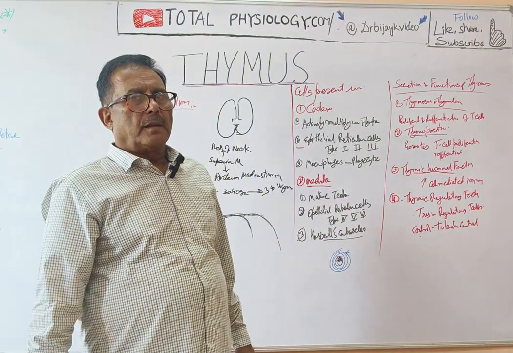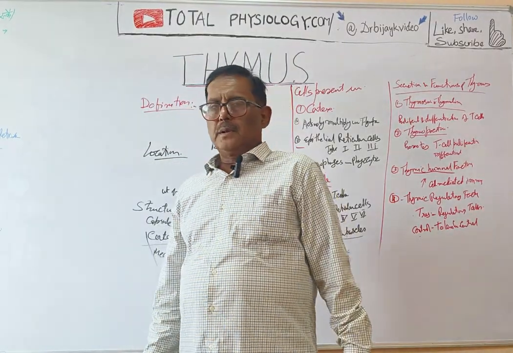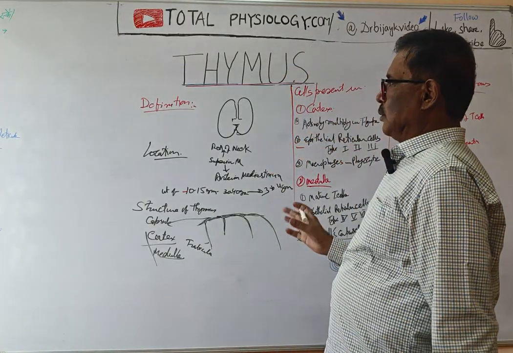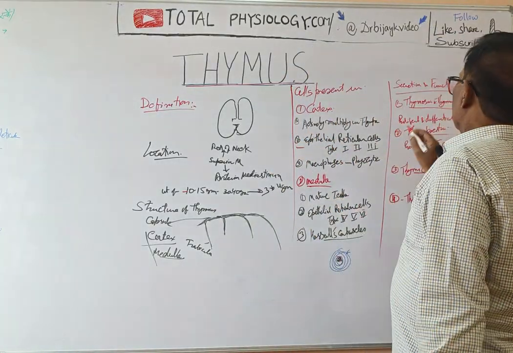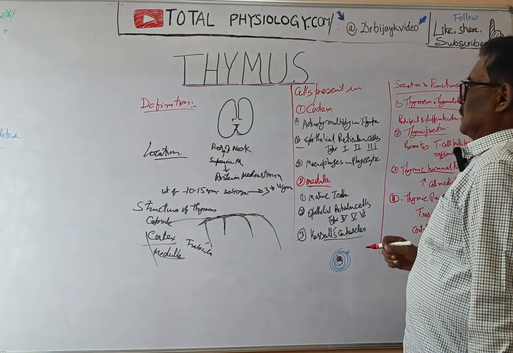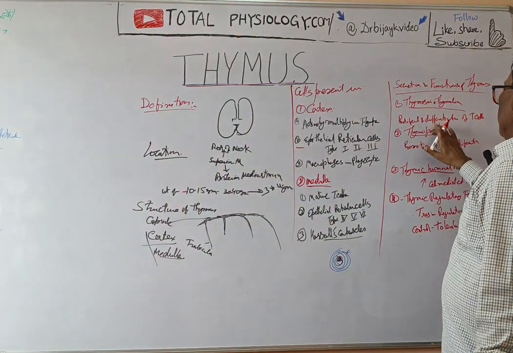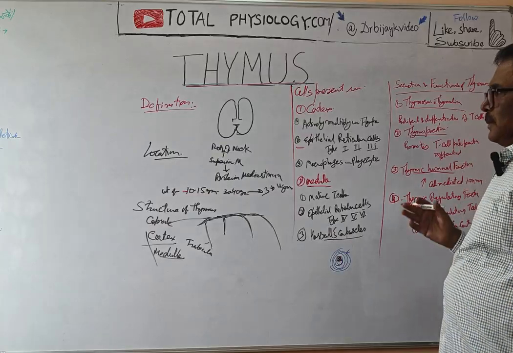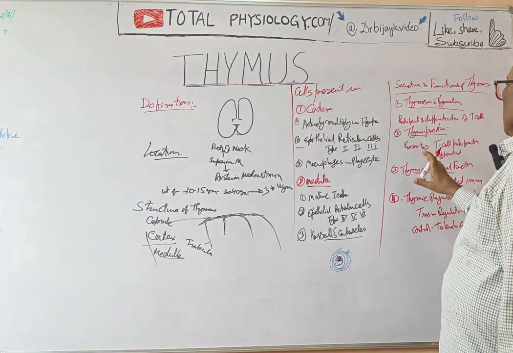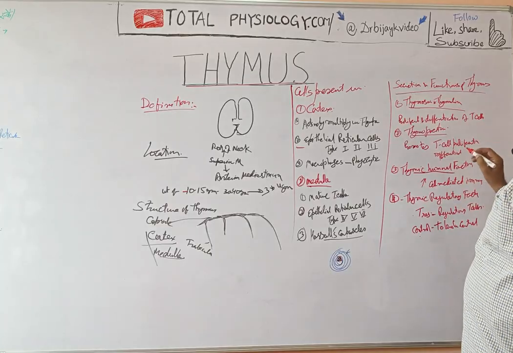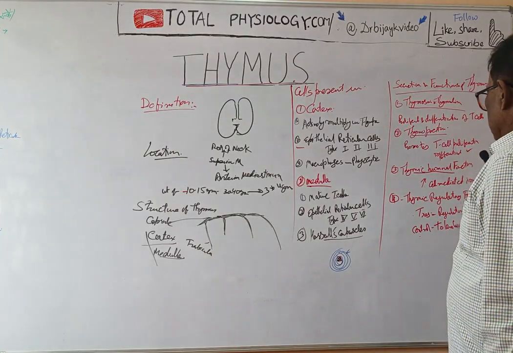Now coming to secretion and function. Secretion of the gland is from specific epithelial reticular cells. Number one, thymosin and thymolene promote proliferation and differentiation of T cells. Then thymopoietin regulates T cell proliferation and differentiation.